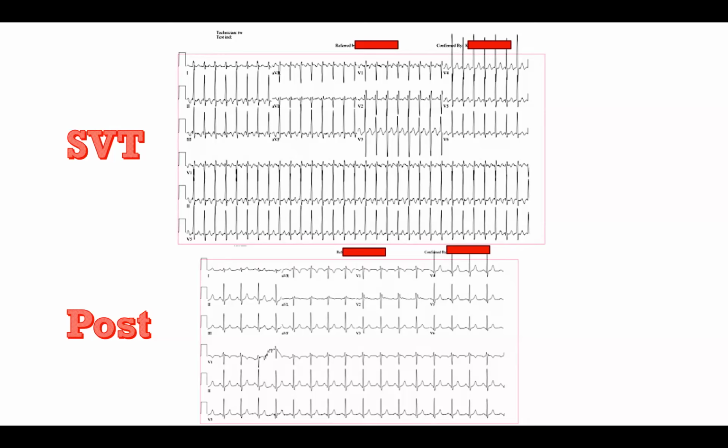I'd venture to guess this is a short RP, if anything, because I don't see one clearly after the T wave. That makes me think this might be a typical AVNRT or orthodromic reentry.